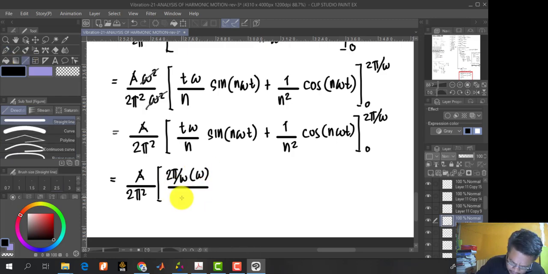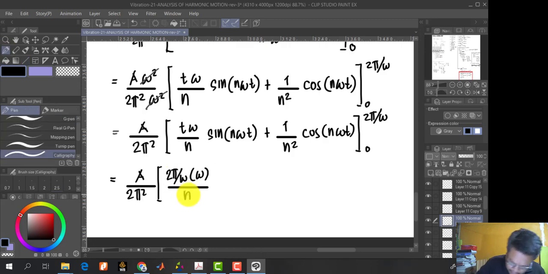And all over, that will be your n, times my sine, so this is sine of n times angular and the value of t. So this is 2 pi divided by angular, close parenthesis on this one.